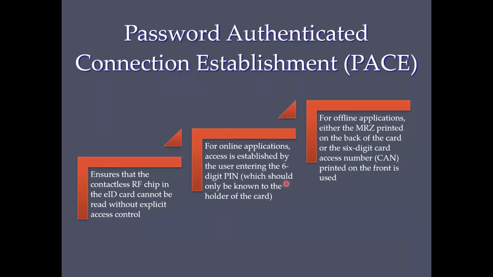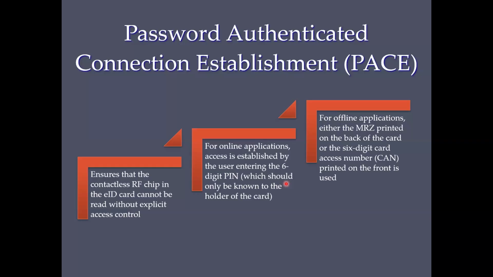Now we have PACE, which is password authenticated connection establishment. Basically they want to ensure that the RF chips in the EID card cannot be read without explicit access control. So information on that chip cannot just be read; you have to have some sort of access control.